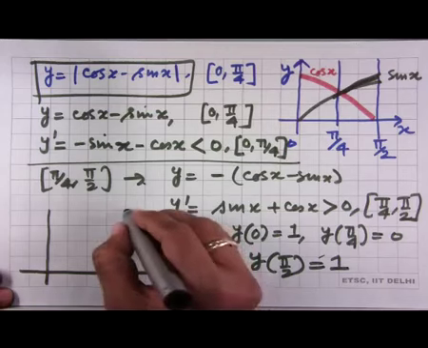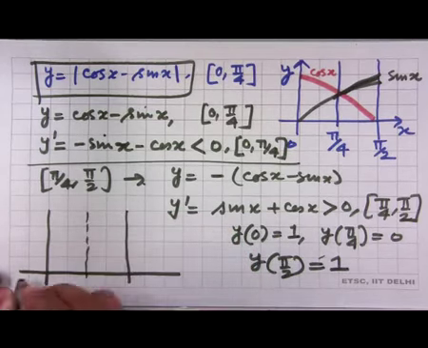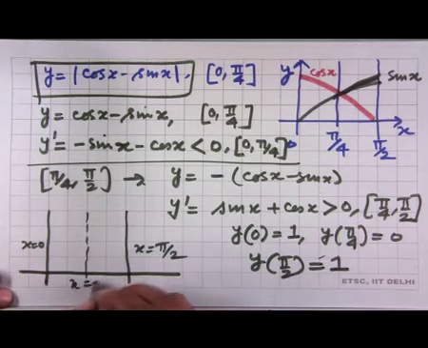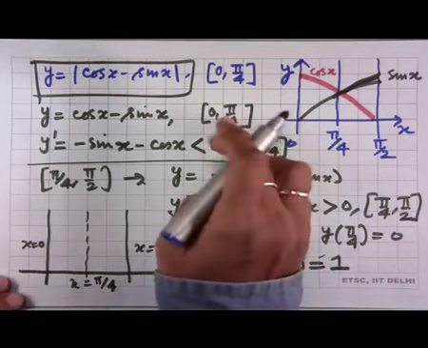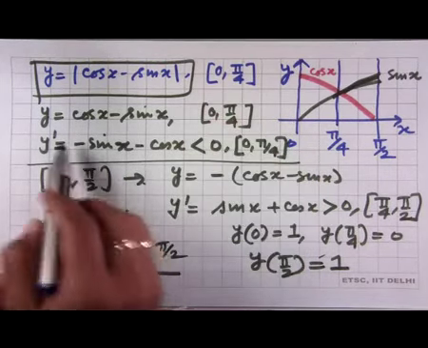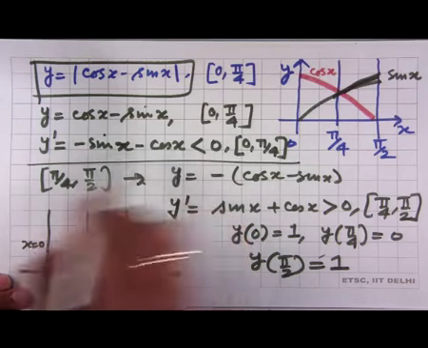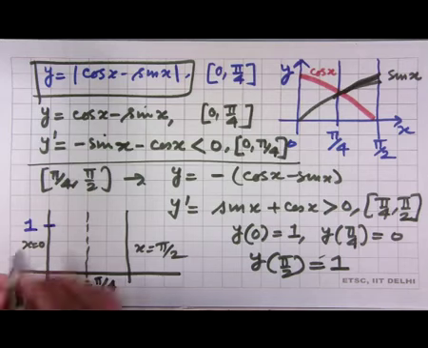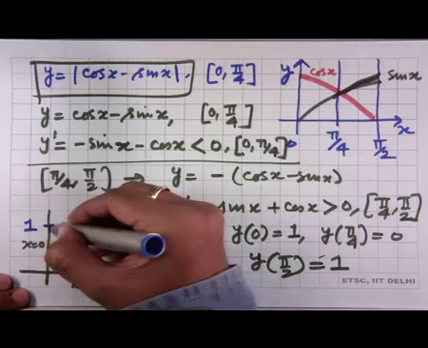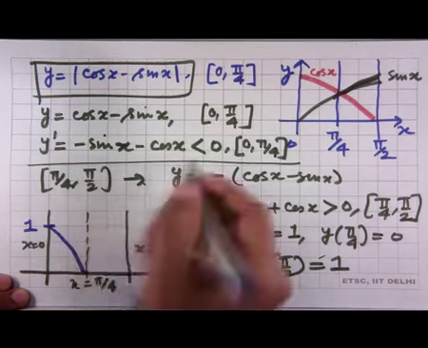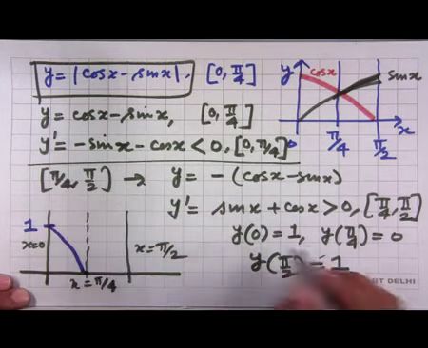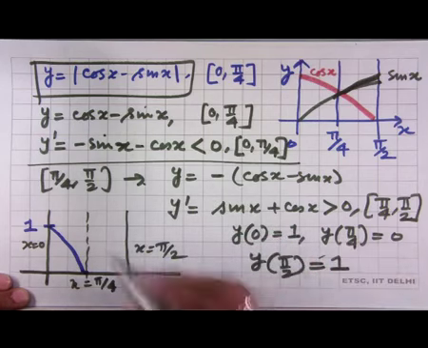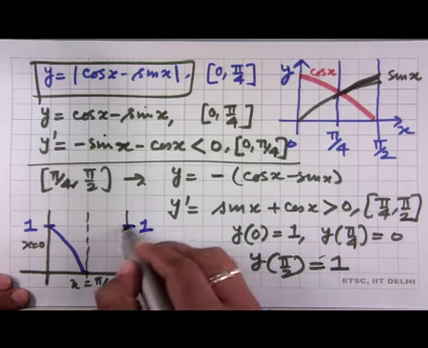So if this is x equals to 0, this is x equals to pi by 2, and this is x equals to pi by 4. From 0 to pi by 4, y dash is negative, so y is decreasing, and the y value at 0 is 1. At pi by 4 it is 0, so it is decreasing because y dash is less than 0. From pi by 4 to pi by 2, y dash is positive, so it is increasing, and at pi by 4 it is 0 and at pi by 2 it is 1, so you get this curve.